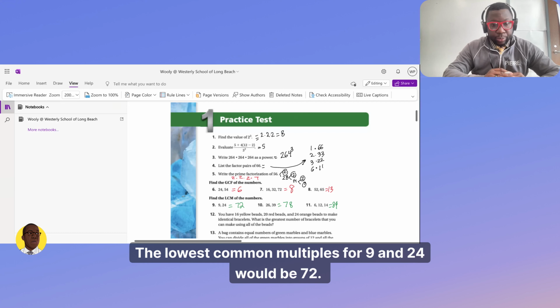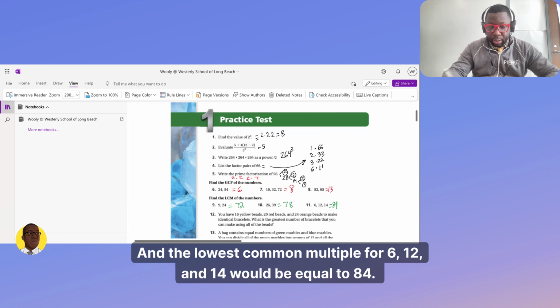The lowest common multiple for 9 and 24 will be 72. The lowest common multiple for 26 and 39 would be 78. And the lowest common multiple for 6, 12, and 14 would be equal to 84.